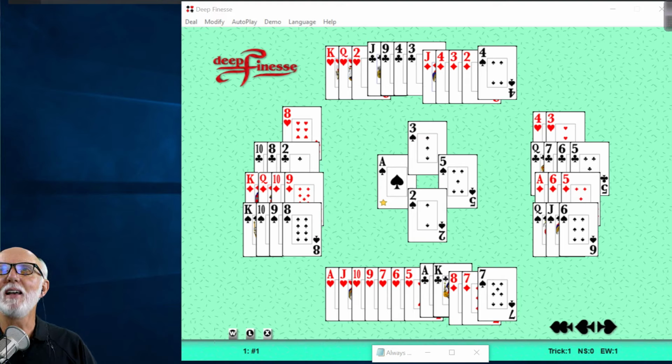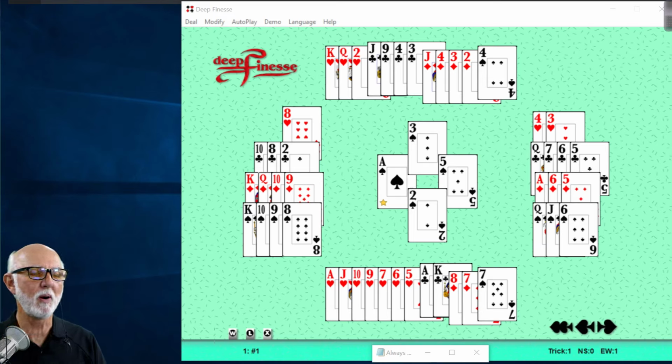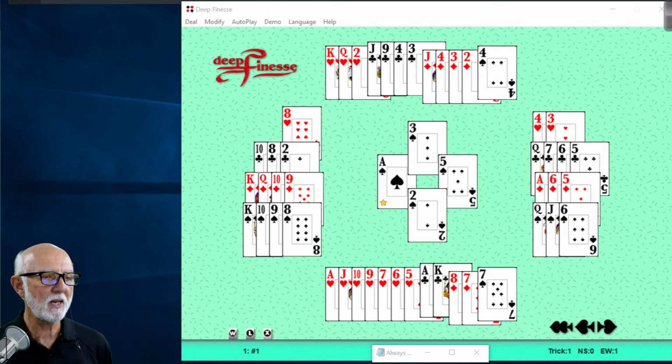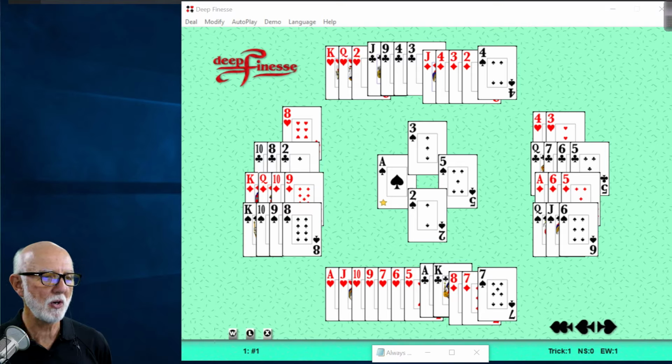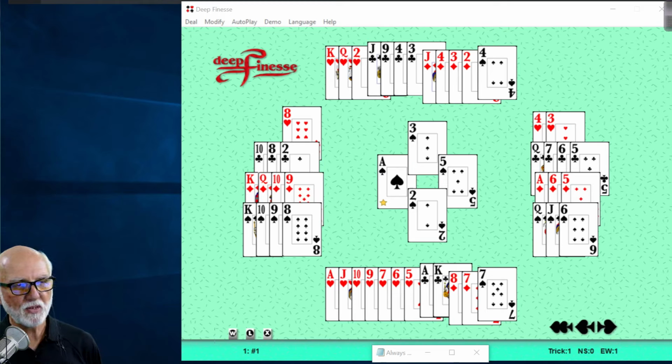John says a 5 shows a count or even number? Well, that's a good question, John. On opening lead, we want to show attitude in most cases, but there are these scenarios, especially when we're playing against no trump, where sometimes we want to show count. Now, this is a little bit advanced lesson.